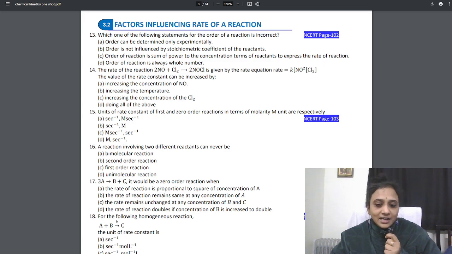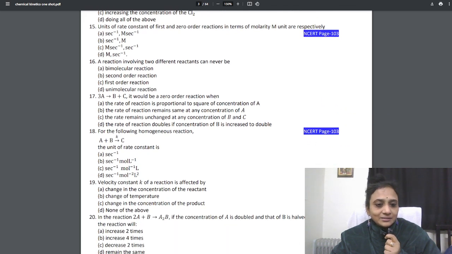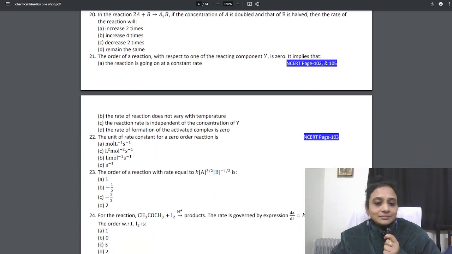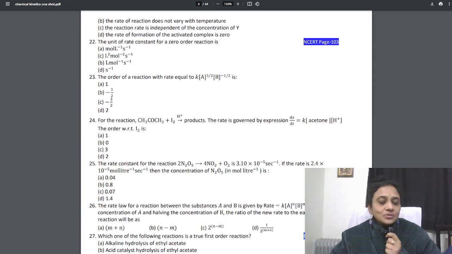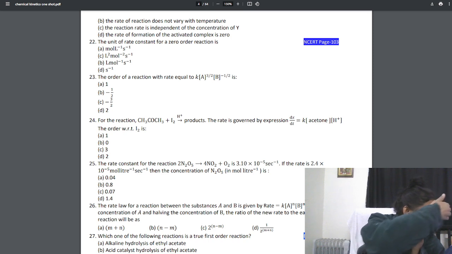Gradually from there, what is the next topic, you tell me. After factors there are more and more questions based on the factors and even the rate law units, I mean the zero order, the first order, the second order.